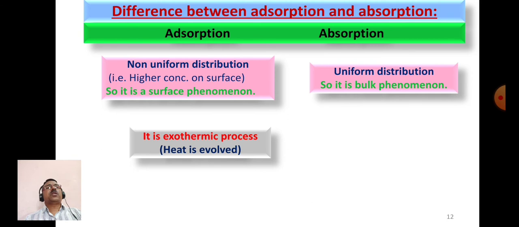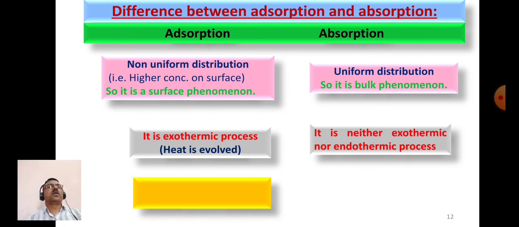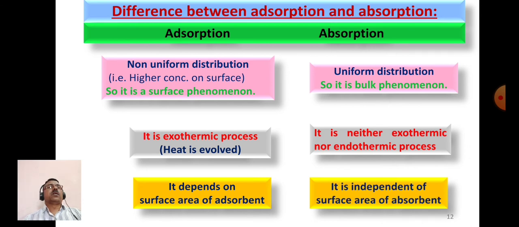Now adsorption is an exothermic process because heat is given out or evolved, but absorption is neither exothermic nor endothermic, meaning no heat is absorbed or given out during absorption. The last point regarding this difference is that adsorption depends on the surface area of the adsorbent, whereas absorption is independent of the surface area of the absorbent.